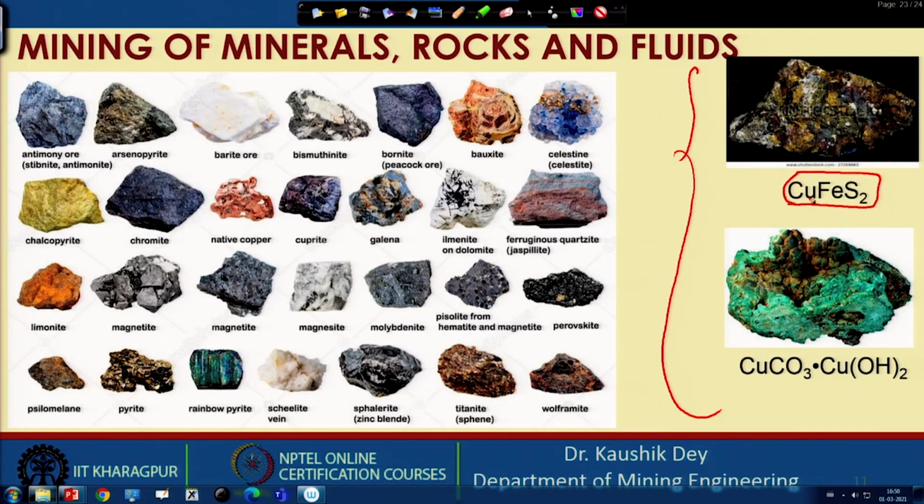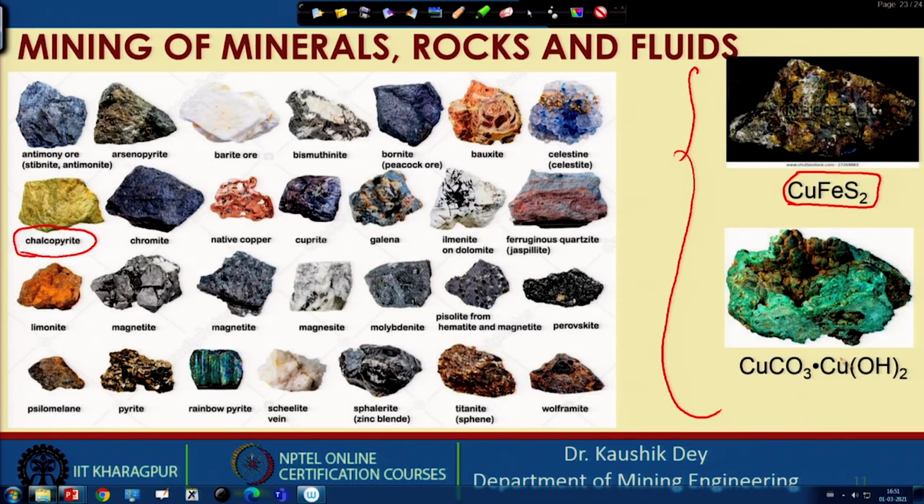CuFeS2, this is termed as chalcopyrite. I think it is given somewhere here, this is chalcopyrite. The next one given is CuCO3, Cu(OH)2, this is the composition of these two, and this is called malachite. I think it is given here somewhere.